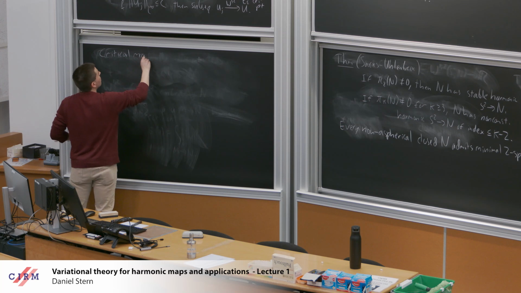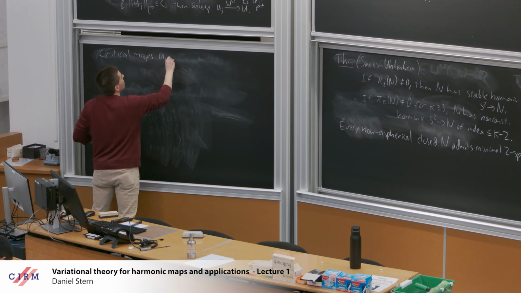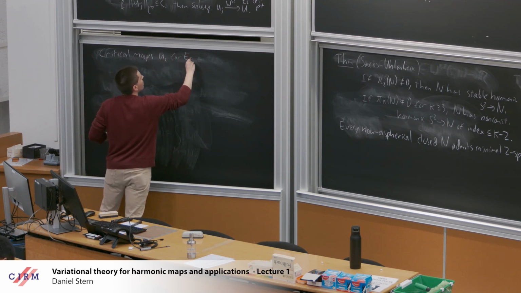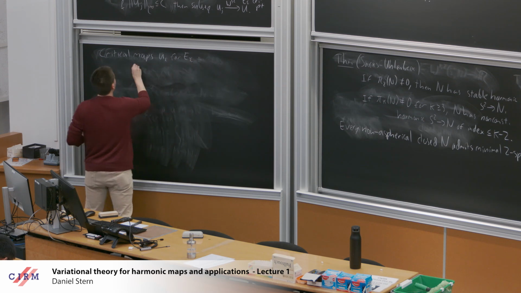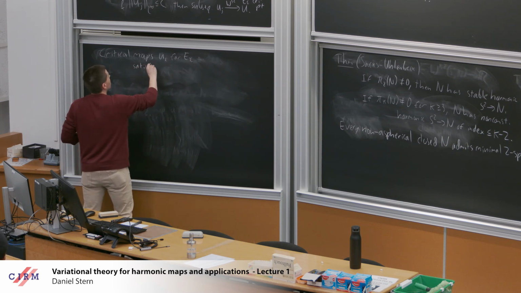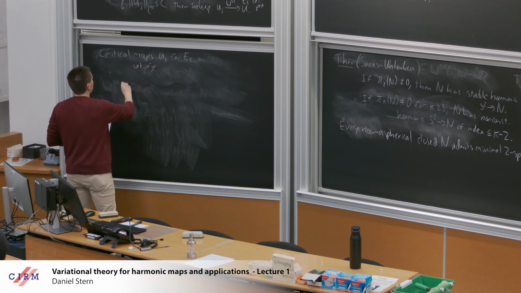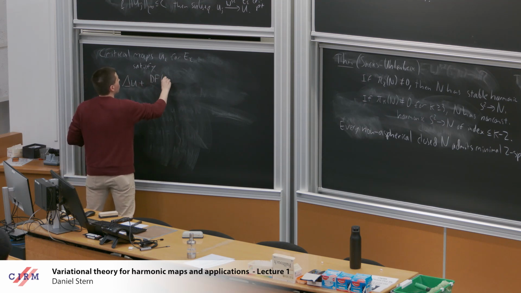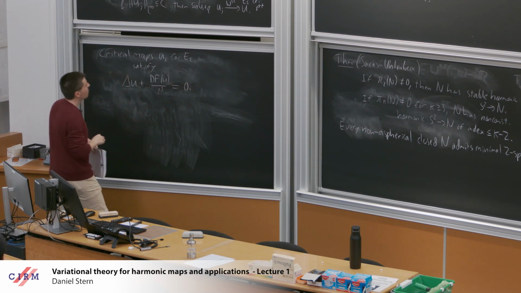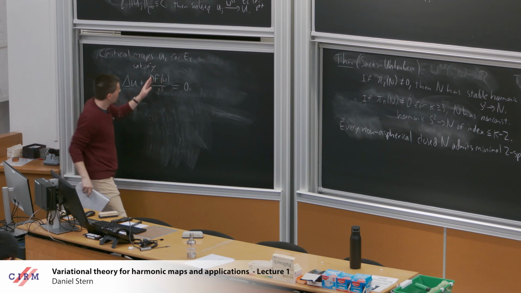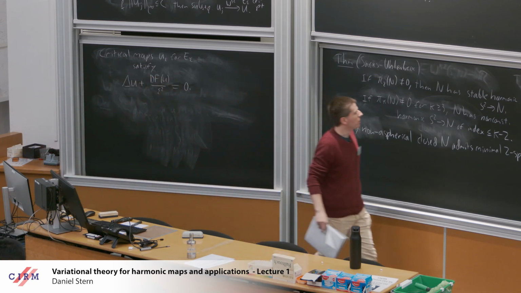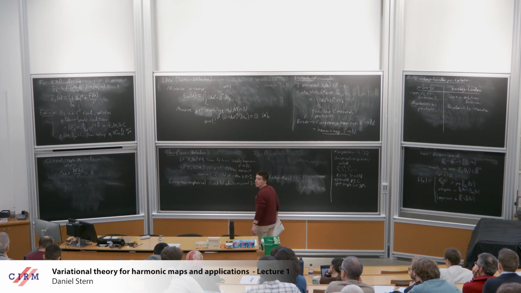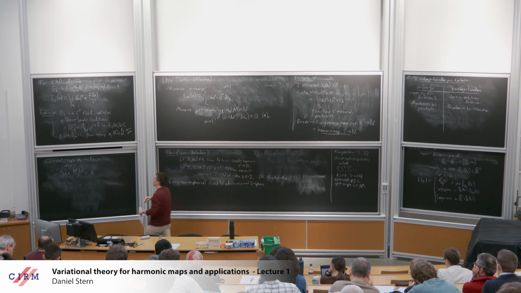So critical maps u_epsilon satisfy an equation: Laplacian of u plus gradient F of u over epsilon squared is 0, right? This is a very mild nonlinearity.